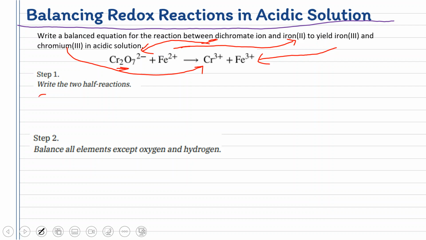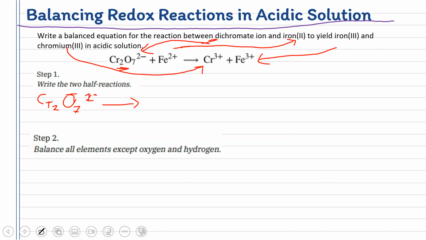So I'm going to have Cr2O7 2 minus. I'm going to pretend that that is the only thing because this is a single reaction, a half reaction. I'm writing two half reactions. This is my first half reaction.